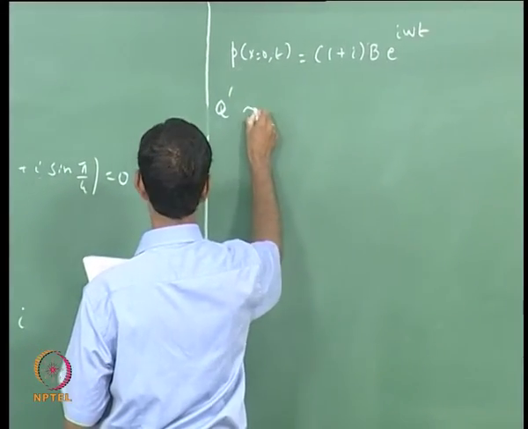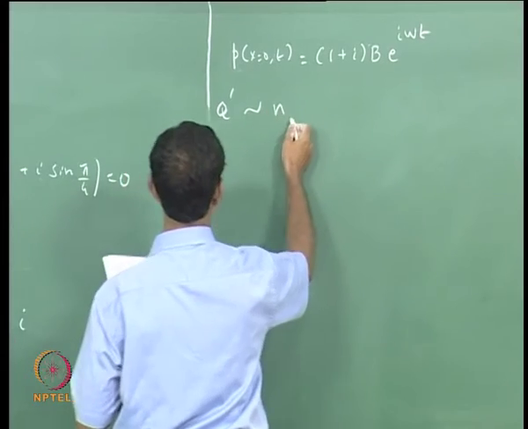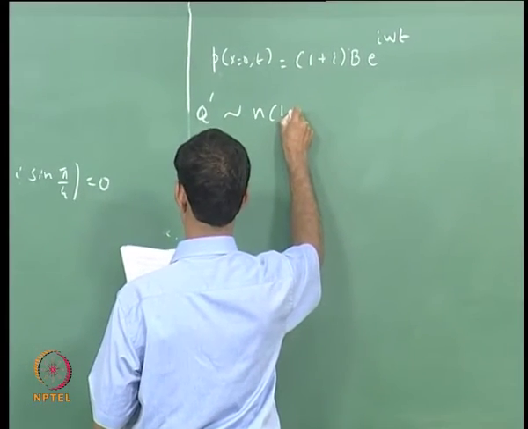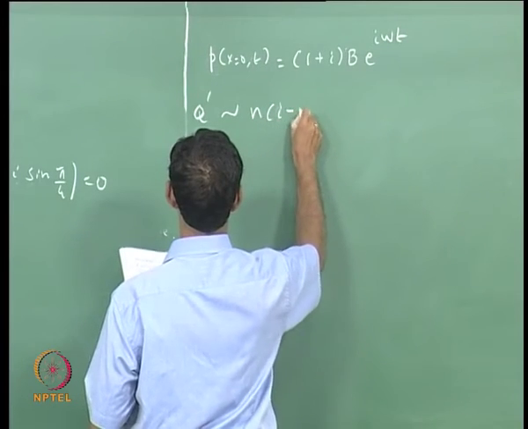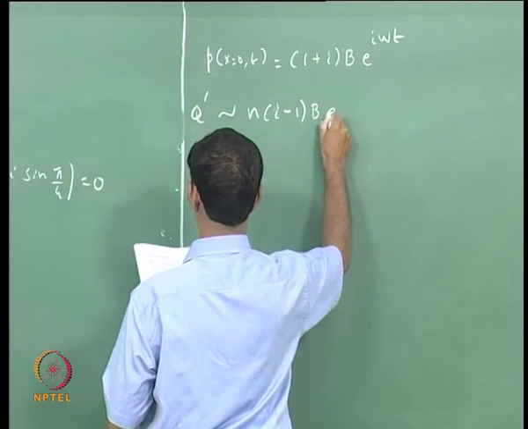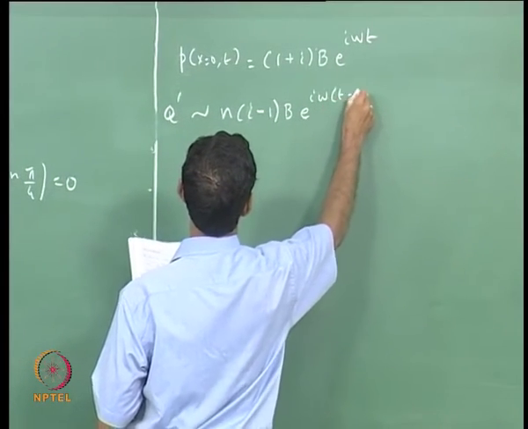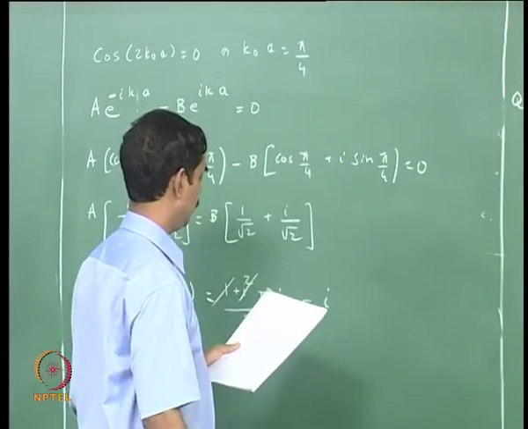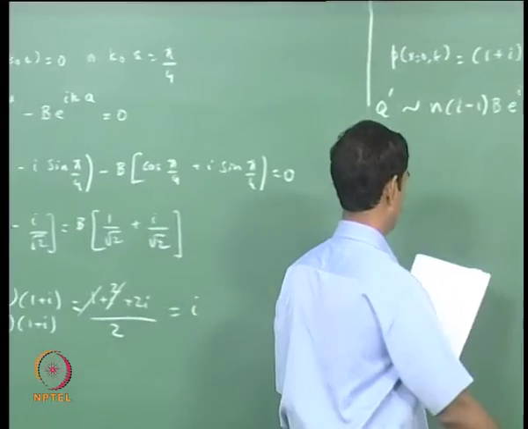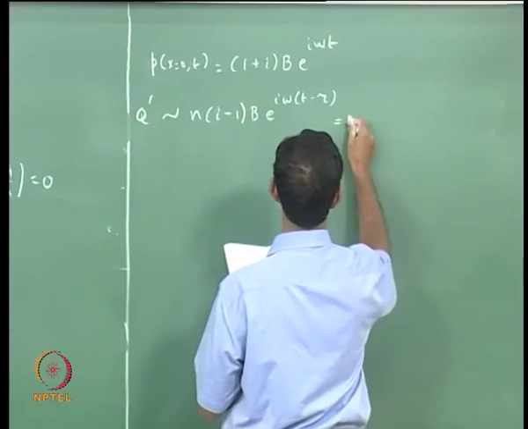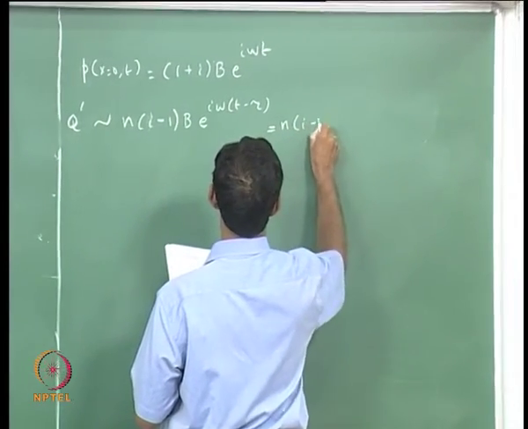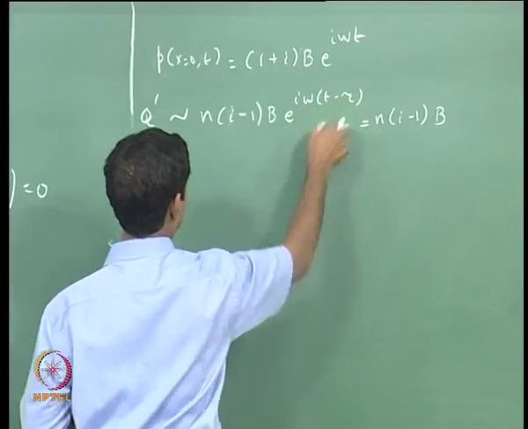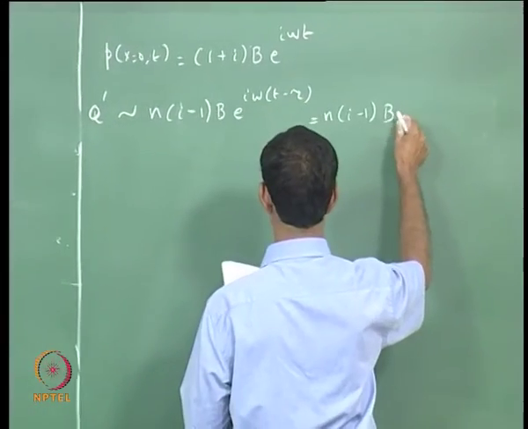Q prime goes like, there will be some constant, some factor of gamma minus 1, I will not write that, n times I minus 1 B e power I omega t minus tau. Substitute A as I B and you can get this. So we have to get the same factor here, only then we can write the phase as the direct value.